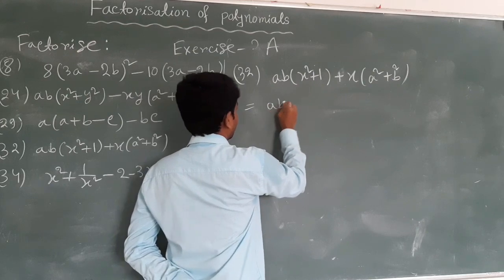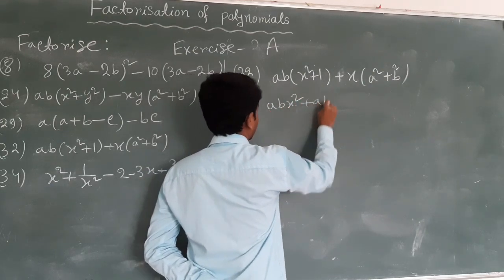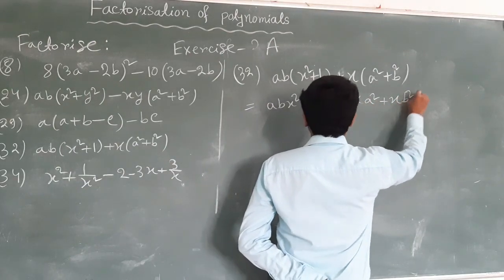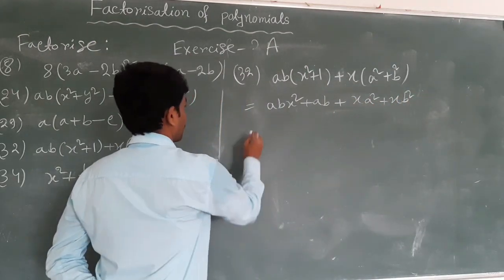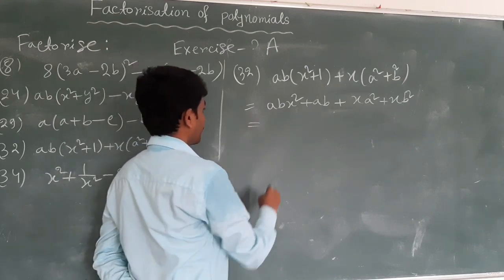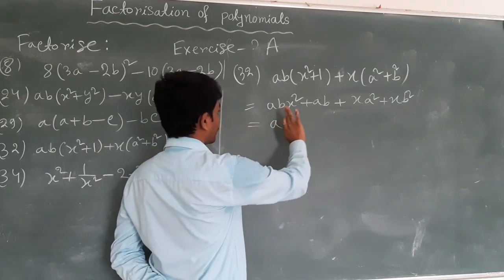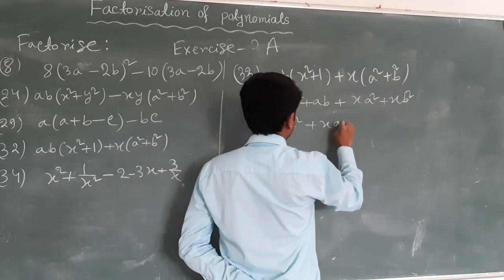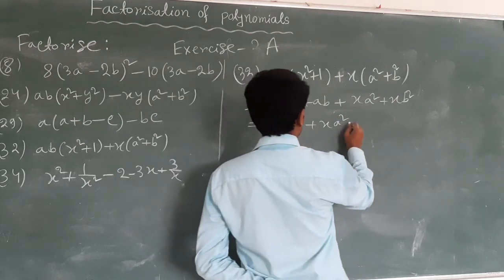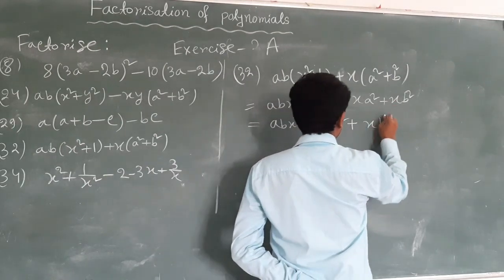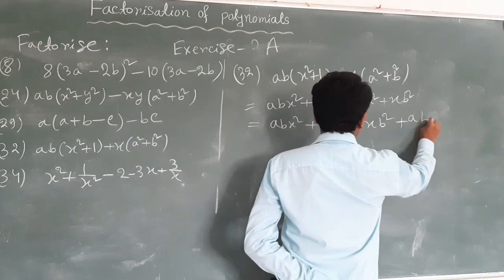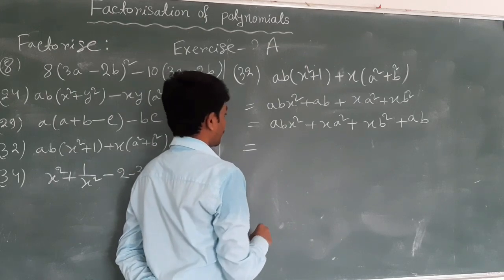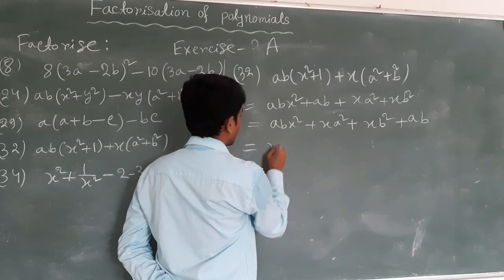So abx square plus ab plus x into x square plus x into b square. We make a group with the first and third term and the fourth term with the second term. From the first and second term, the common factor will be x.